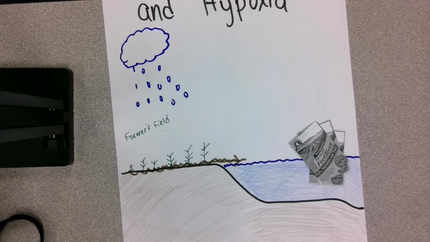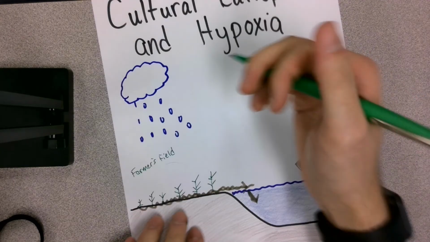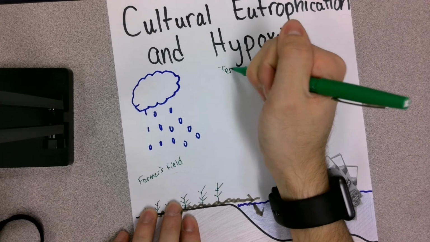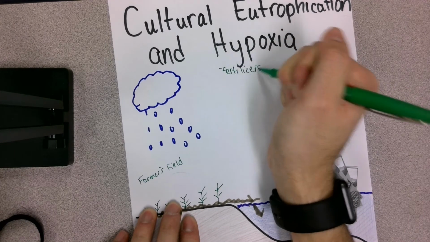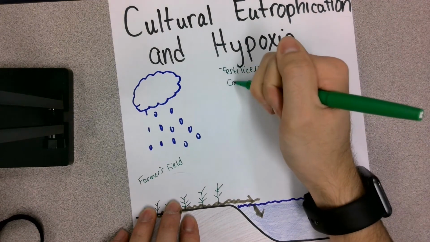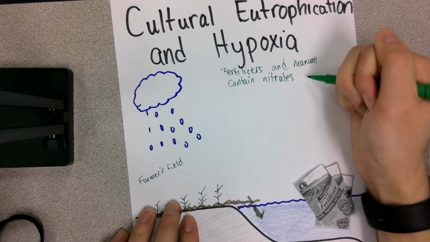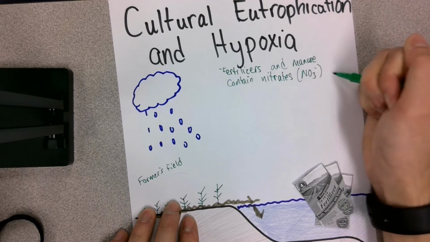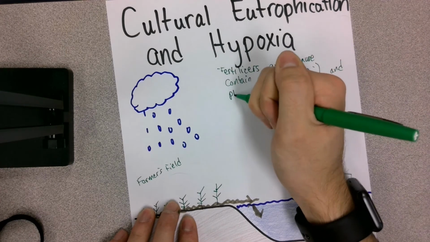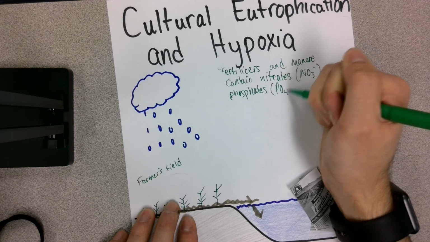So that's nice. And what happens is the manure and all the fertilizers contain nitrates and phosphates. So fertilizers and manure contain nitrates, and nitrates are NO3, and phosphates, PO4.